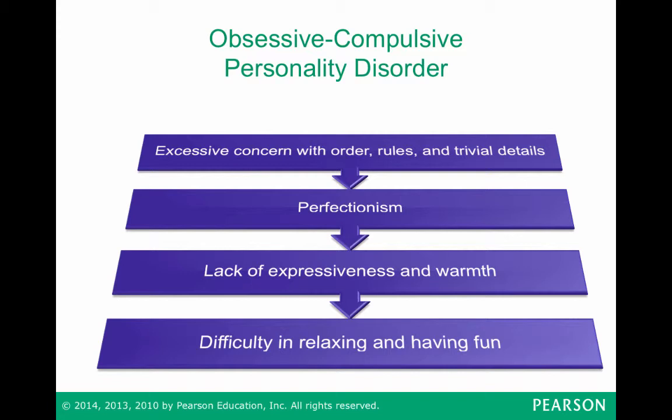We usually see this beginning by early adulthood, and this may be the person that we look at as a perfectionist and somebody who maybe can never get a project finished because their own standards are so high and they can't meet those. They're very devoted to work and productivity, and have difficulty relaxing and having fun.